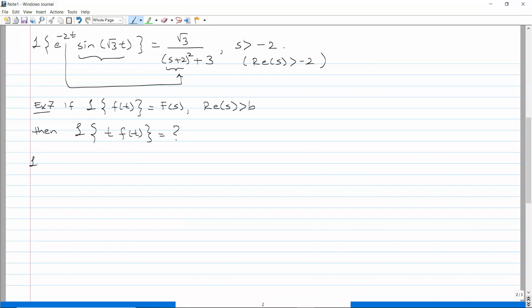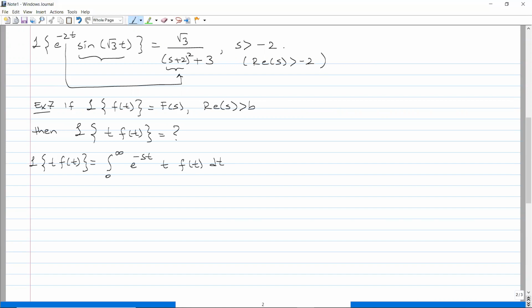Okay, again, I'm going to use the definition. By definition, this is the integral from 0 to infinity e to the minus st t f of t dt.